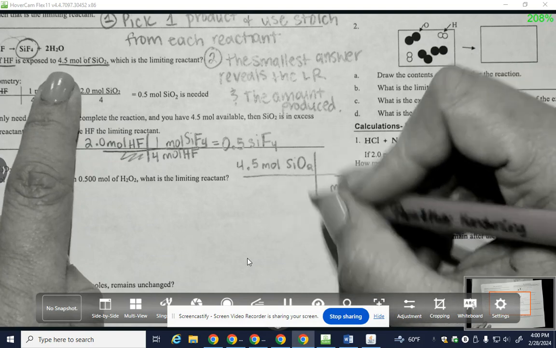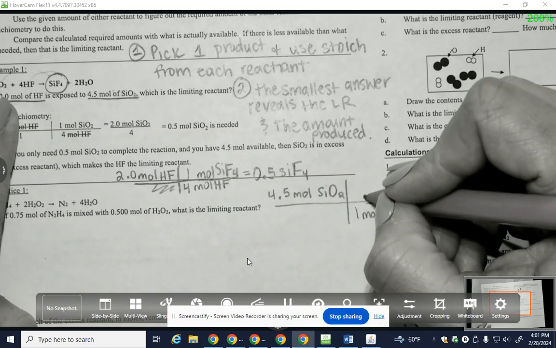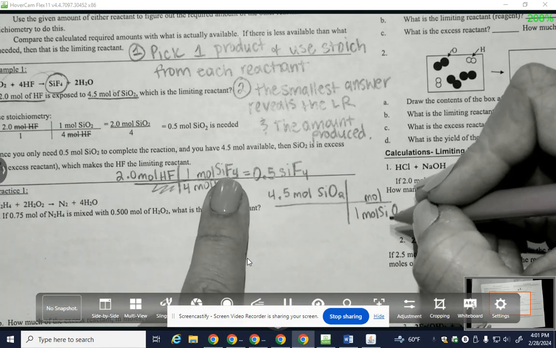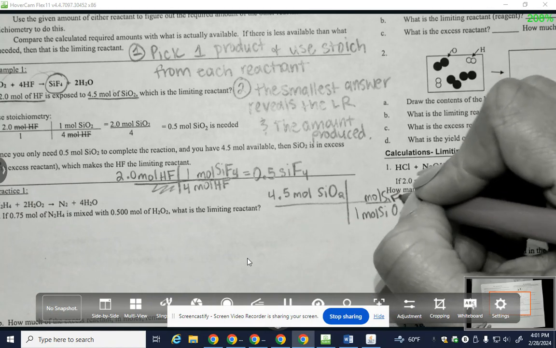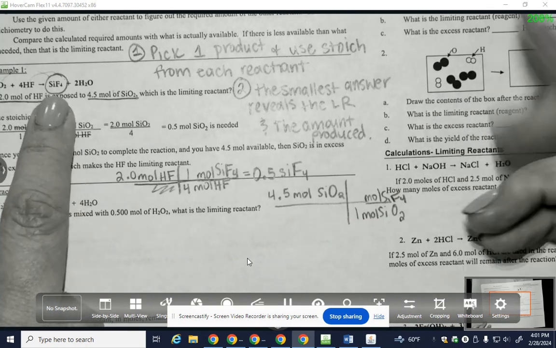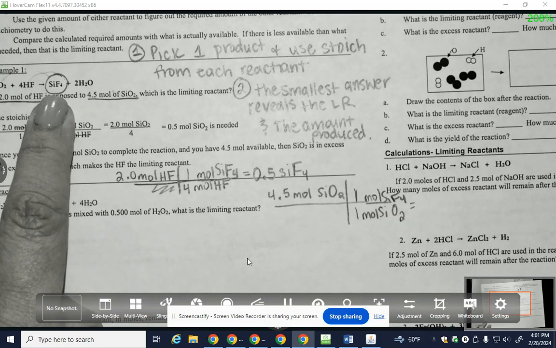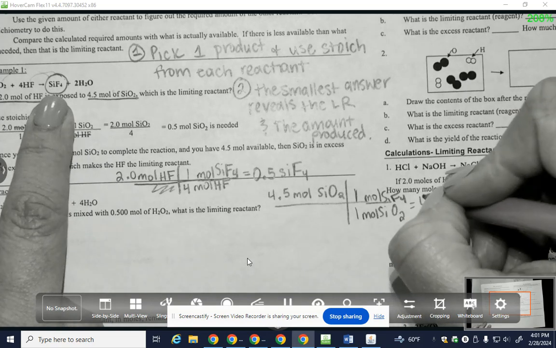We're going to be crossing our bridge again from SiO2. So up in the balanced equation, that's a 1, and we are solving for SiF4, which is a 1. So what does that answer come out to be? 4.5.